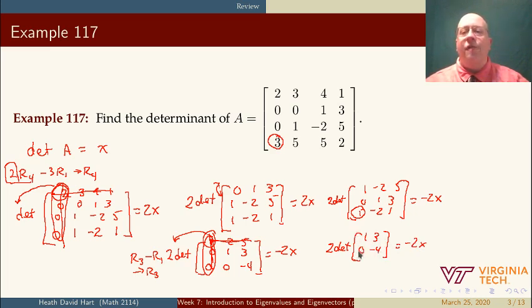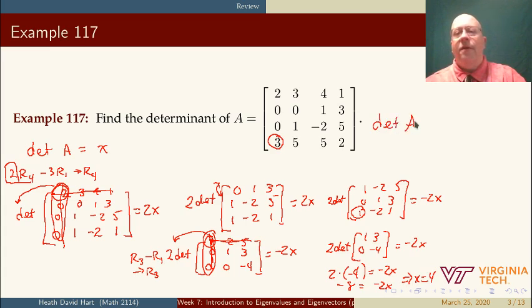We get negative 4 minus 0. And so negative 8 equals negative 2x, and therefore x is equal to 4. And so the determinant of this matrix is 4.